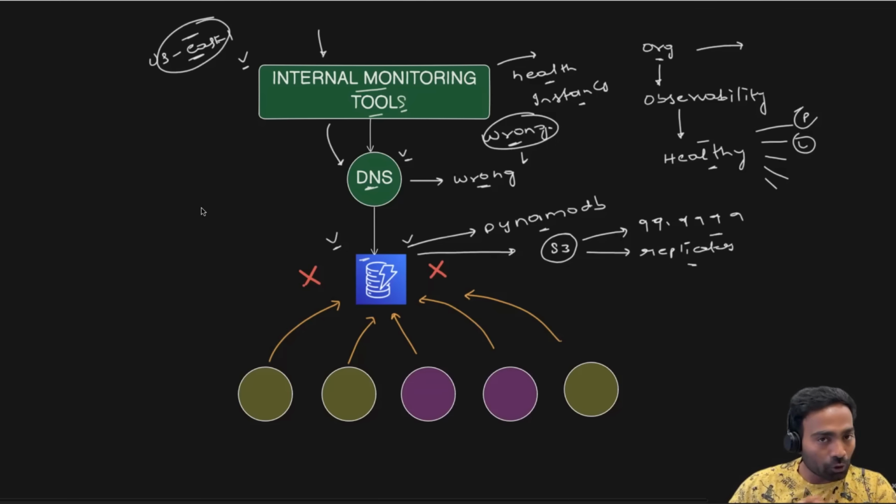It's a NoSQL database, and it comes with a single door or front door setup. So if the region is impacted in which the DynamoDB instances reside, that means the DynamoDB instances are completely affected, unlike services like S3. Now, there can be two possible reasons.